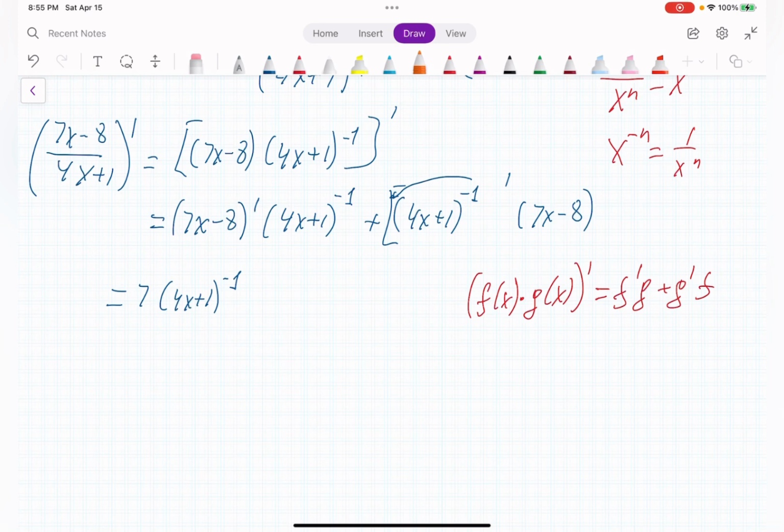And then we are going to take the derivative of 4x plus 1 to the negative 1.